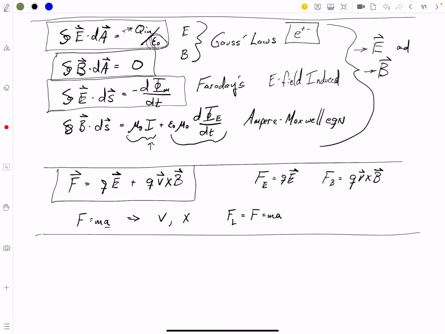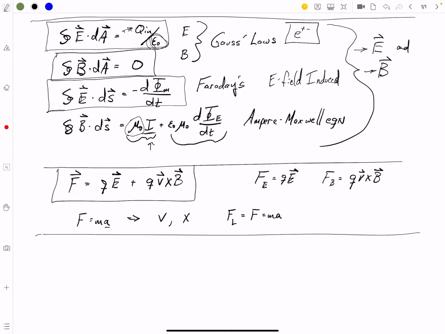Now, our B field doesn't have an initial way to get it, because there are no monopoles. It only happens as a result of a moving charge, a flowing charge. Our flowing charge is called I, and it's a current. So our mu naught times our current, mu naught's just the little constant.